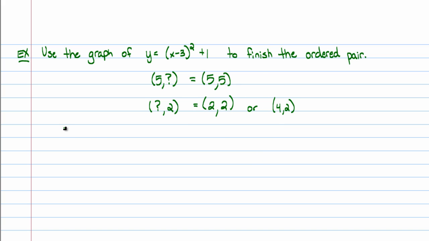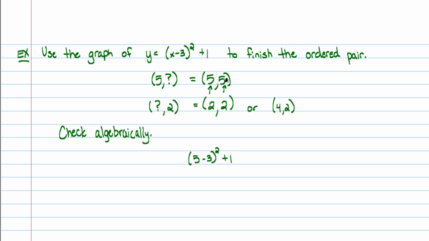Let's go ahead and check these algebraically. That's a big word to write. All right, so for the first one, it says that when we plug in 5 for x, we should get 5 out for y. Well, let's find out. Let's plug in 5 for x.